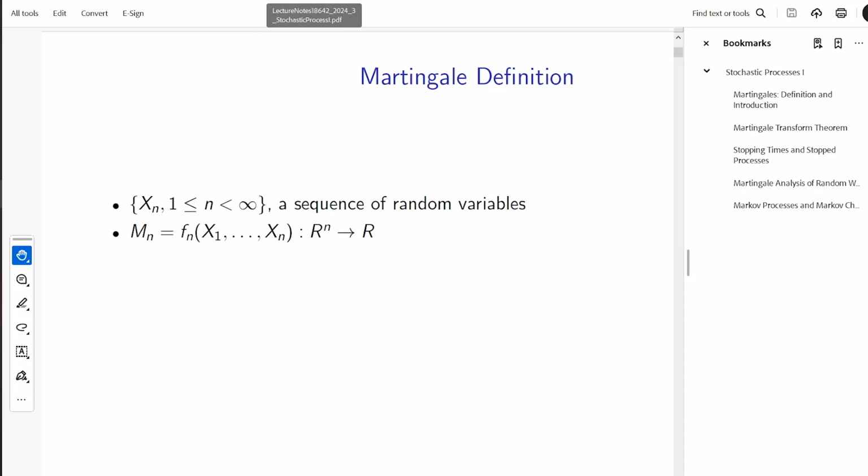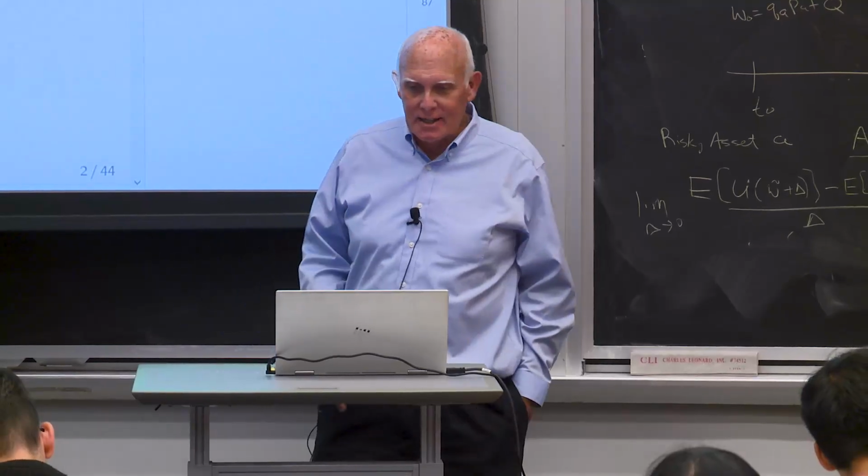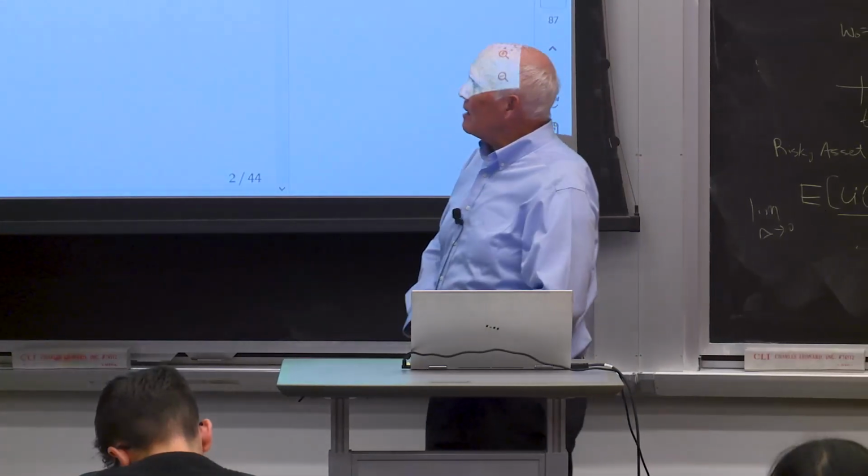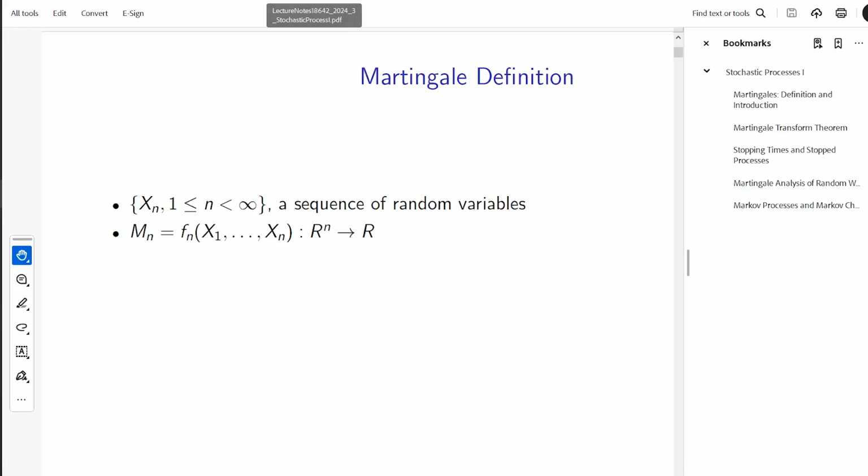So if we have a stochastic process given by a sequence of random variables Xn, we can define a related process Mn, which is defined as functions of the first n X's for each n.